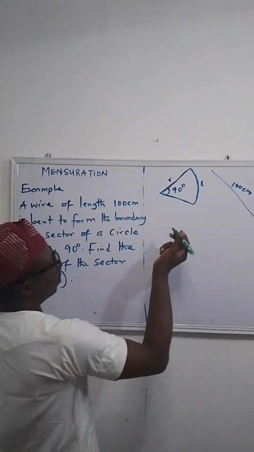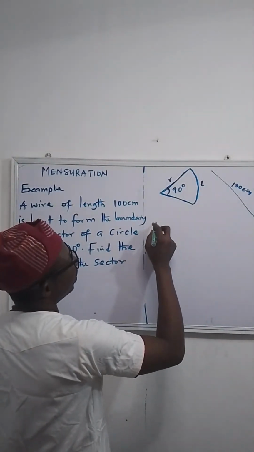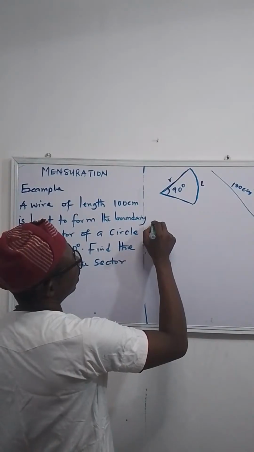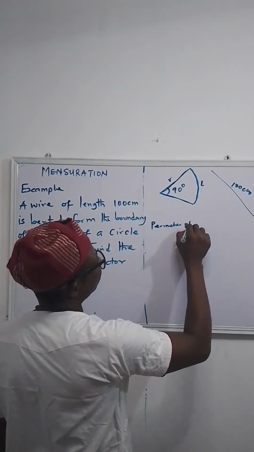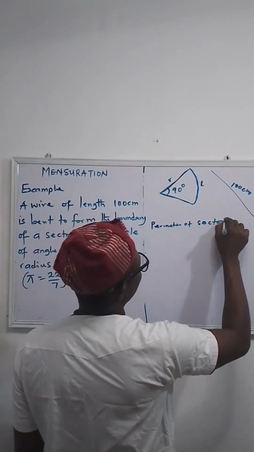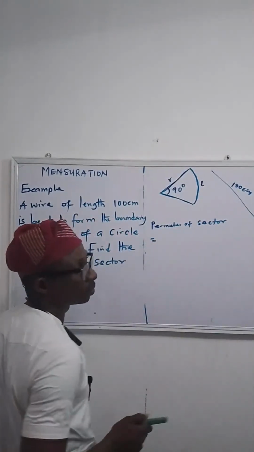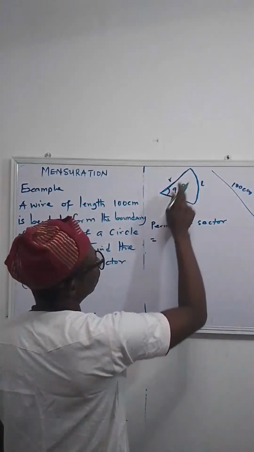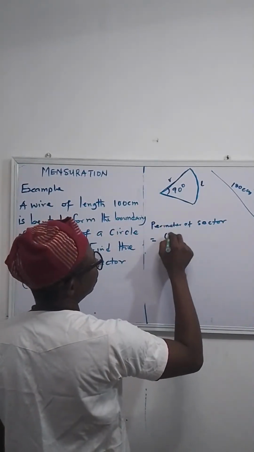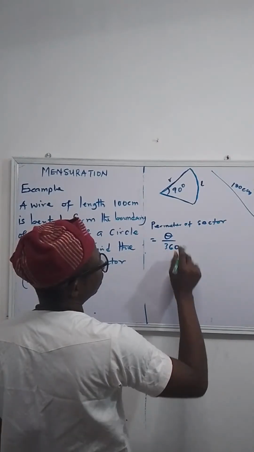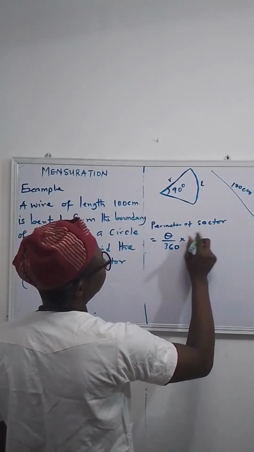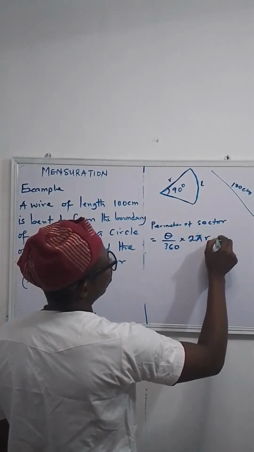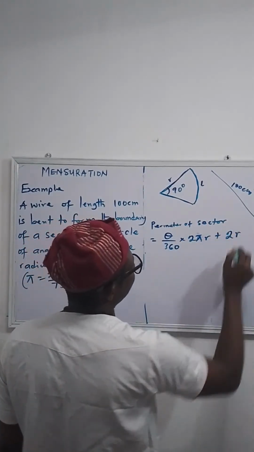Okay, now let's write. Now we have the perimeter of the sector is equal to the length of an arc, which is theta over 360 degrees times 2 pi r, plus 2 radii. So that's what we have.